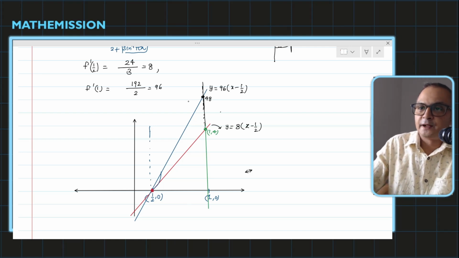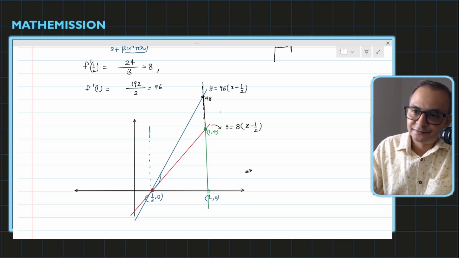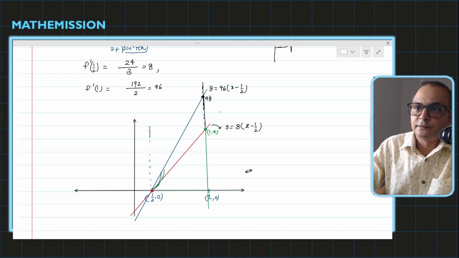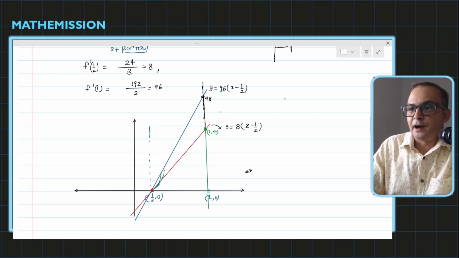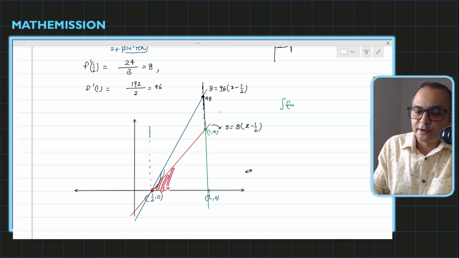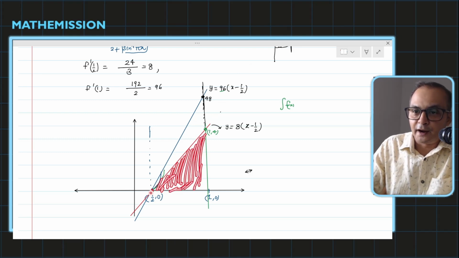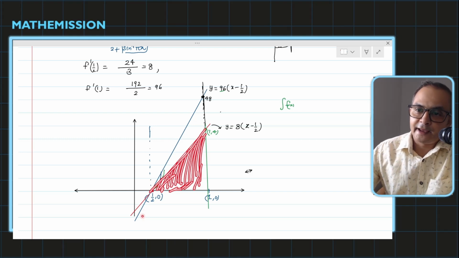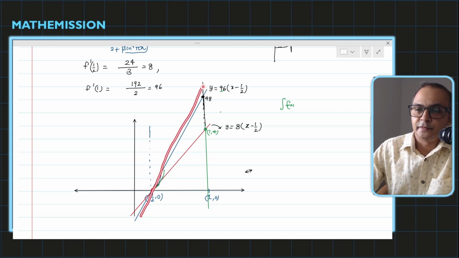Now you see, any curve which we are drawing must have the slope above 8 and below 96. It means the area under that curve will lie between the area under this line and the area under that line. That's it.